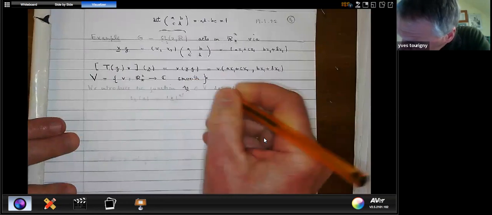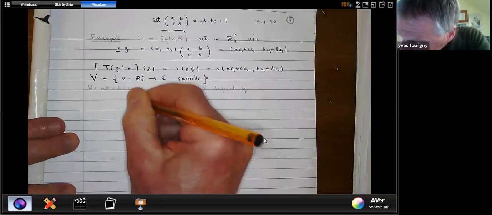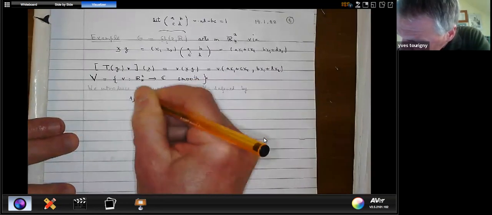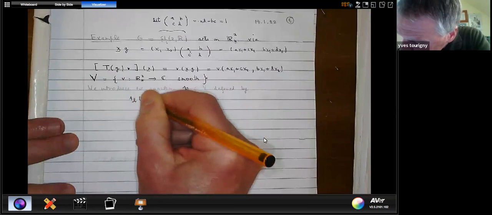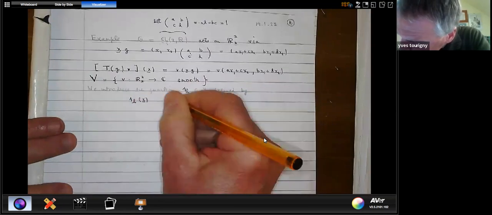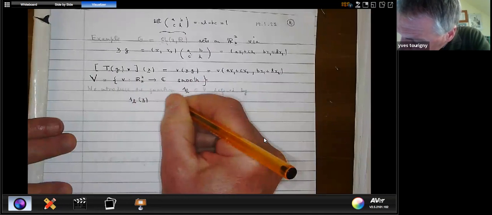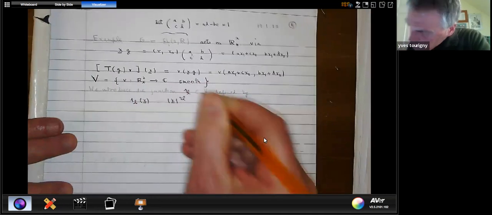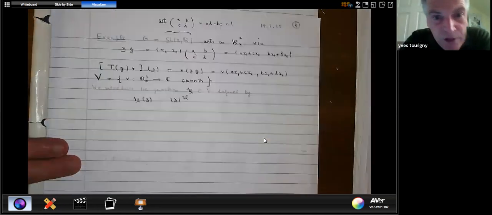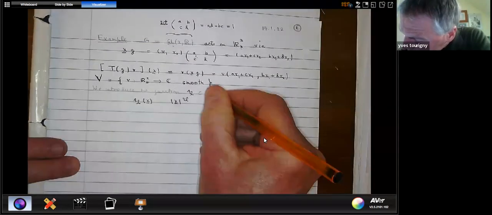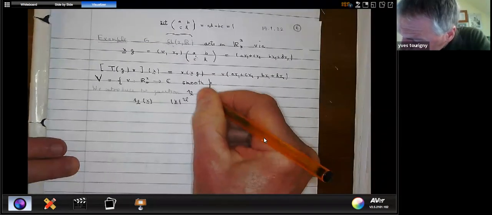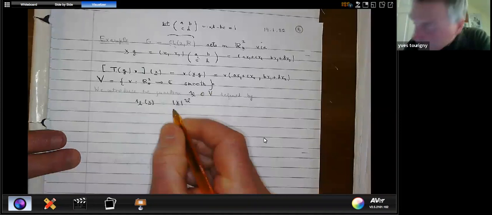To proceed, I introduce a certain function. So now I'm going to try to make the connection between these representations and the product of matrices. So I introduce a function in my representation space.